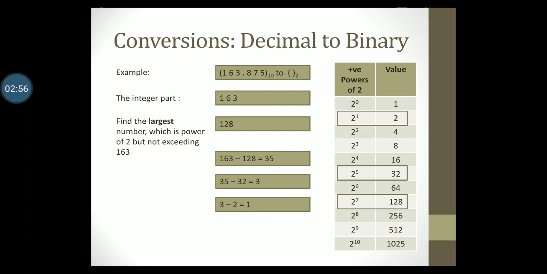We do the same process again and find a number which is a power of 2 but does not exceed 1. So you see 2 raised to 0 is 1, which is a number which is a power of 2 and does not exceed 1. So we record it. Now we find the difference 1 minus 1, which is equal to 0. Since the difference is 0, we stop.